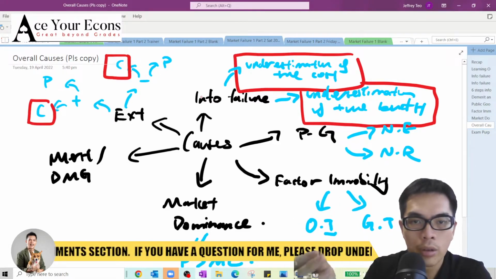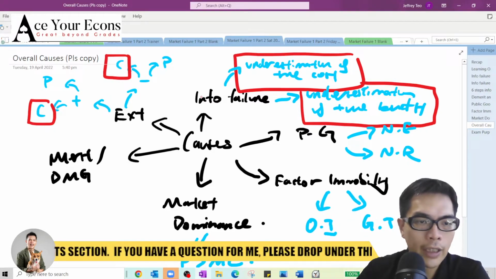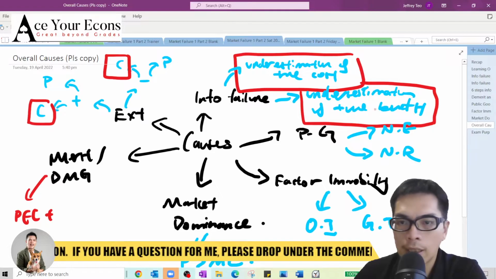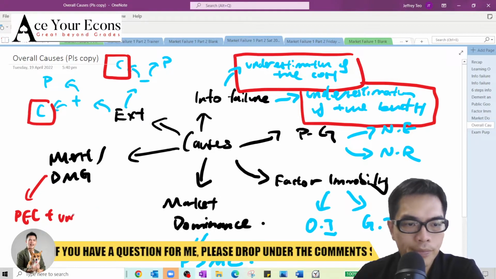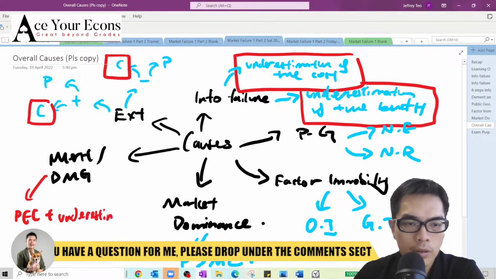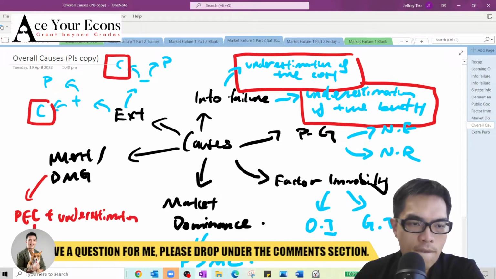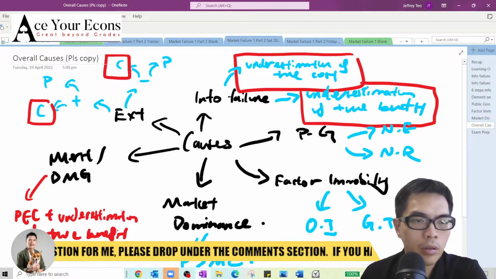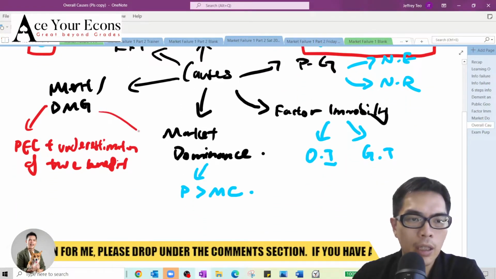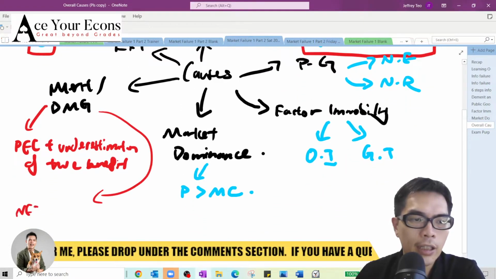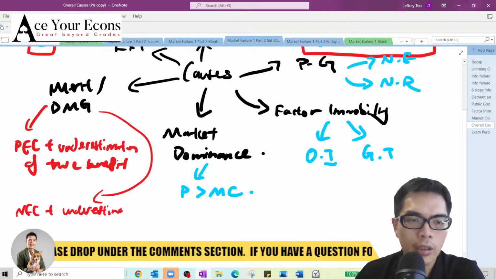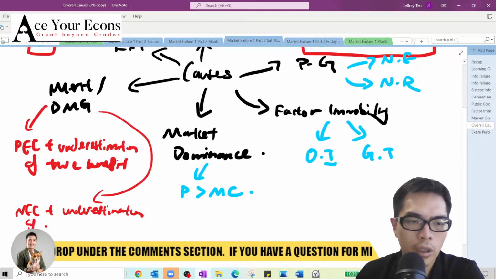So merit good must contain positive externality of consumption plus underestimation of true benefit. Demerit good will be the opposite: negative externalities of consumption plus underestimation of true cost.